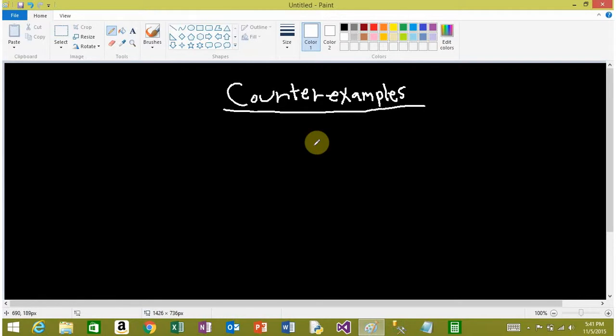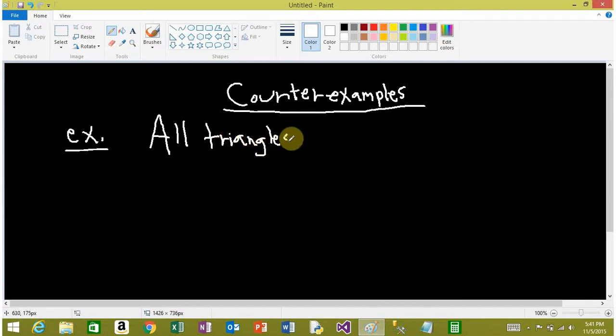So let's look at a couple of mathematical statements, maybe using counterexamples. An example here is, someone may claim all triangles are equilateral.